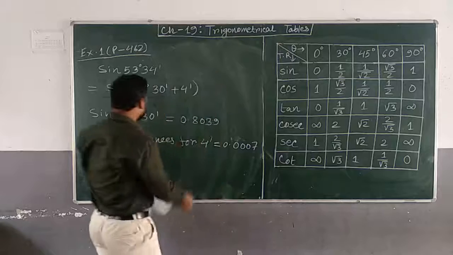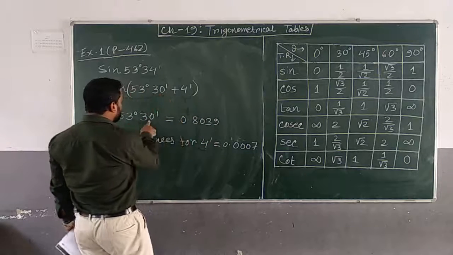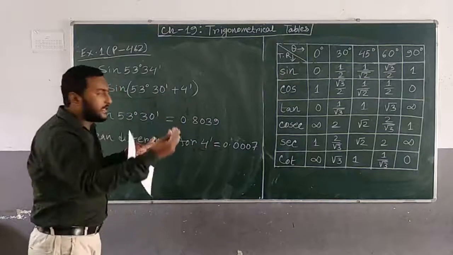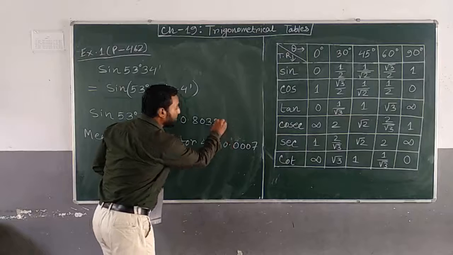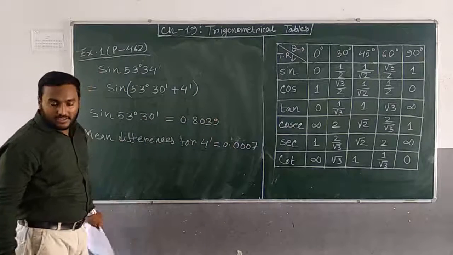So here this 4 minutes is added, it means the angle is increasing, so this value will be added to this value to get the value of sine 53 degree 34 minutes.